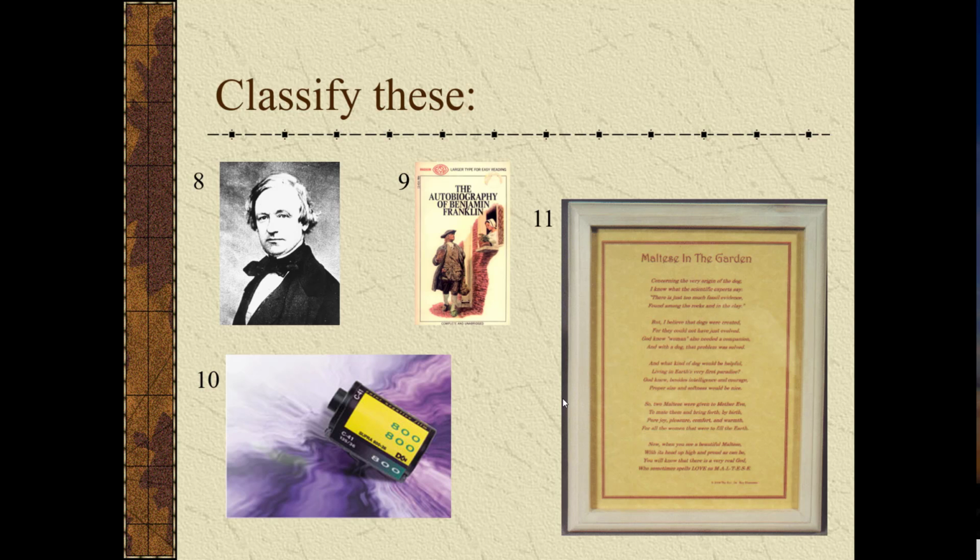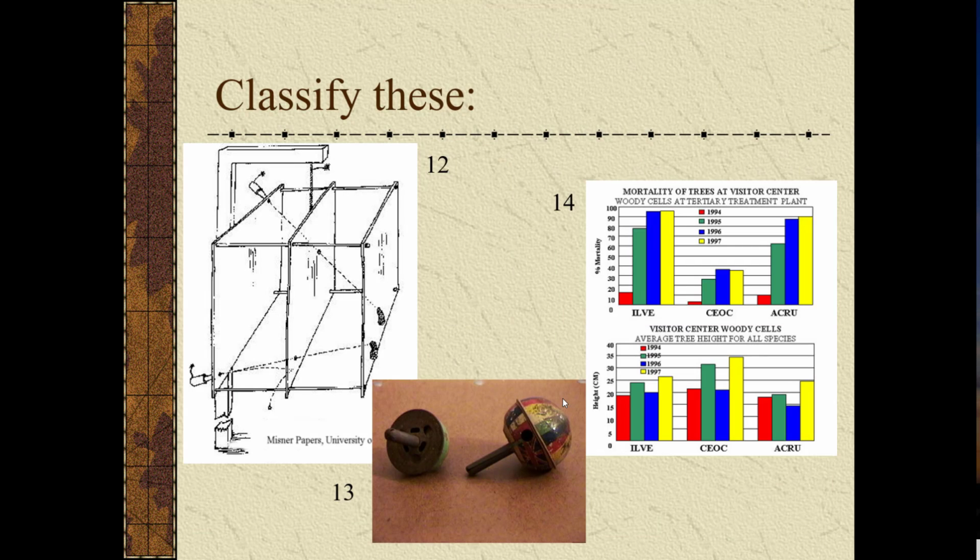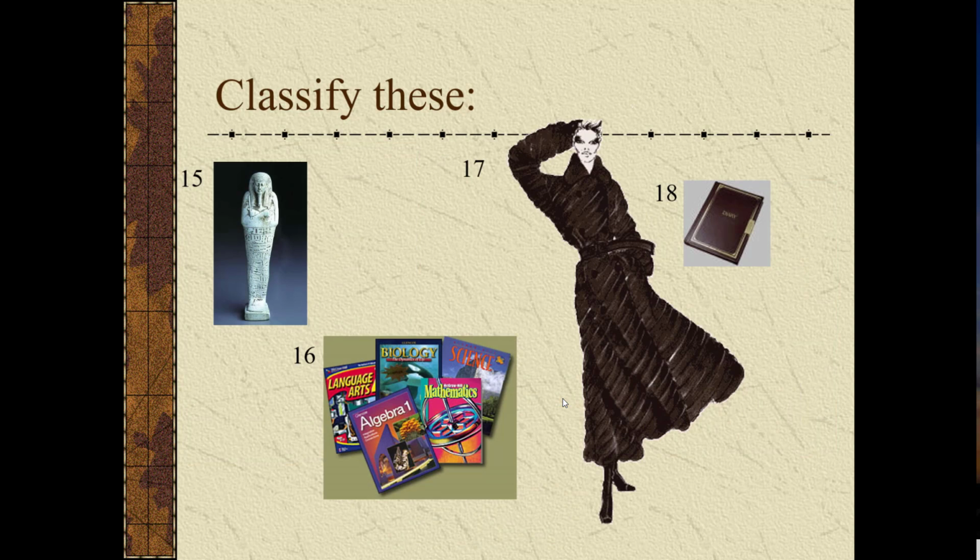Number 11 is a poem. Number 12 is a diagram or a chart. Number 13 is an artifact or an object. Number 14 is a chart or a graph. Number 15 is a sculpture.